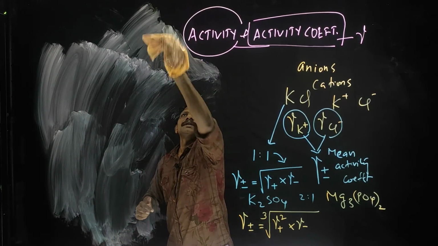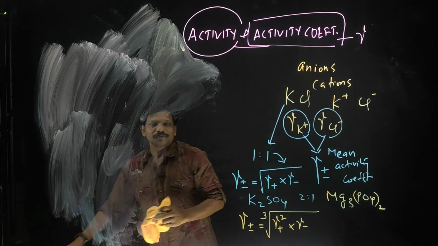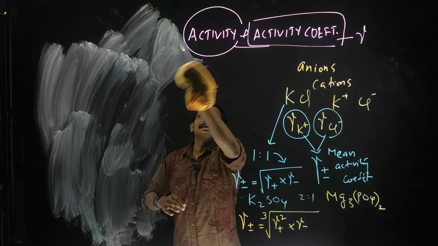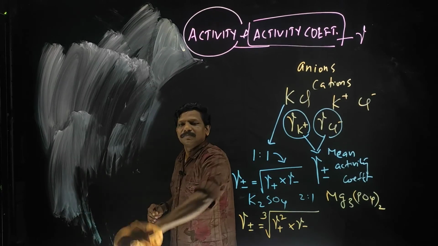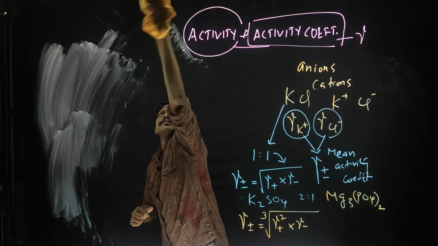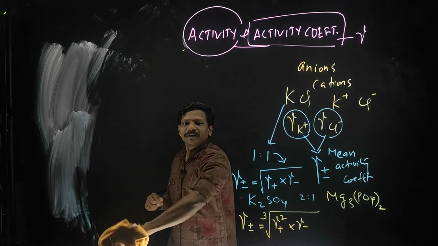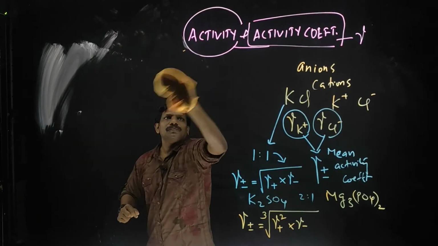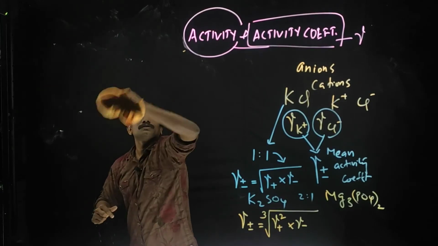In an electrolyte we are dealing with ions, anions and cations, so the number of ions in a system is very important here, and not only the number of ions, its charge is also very important.